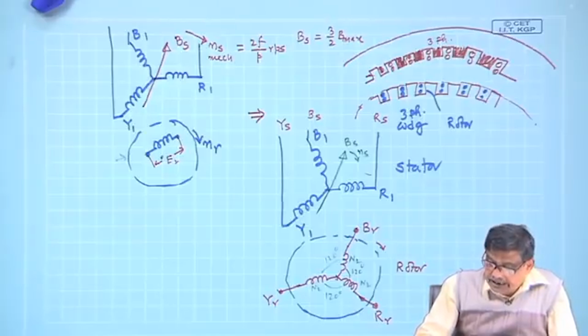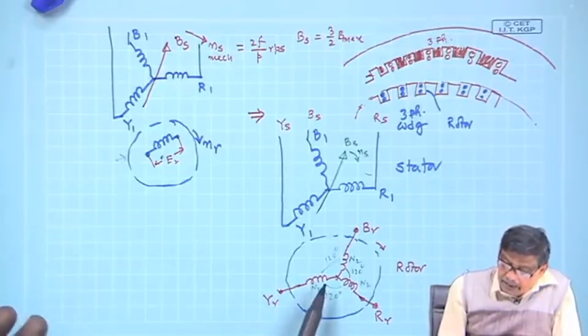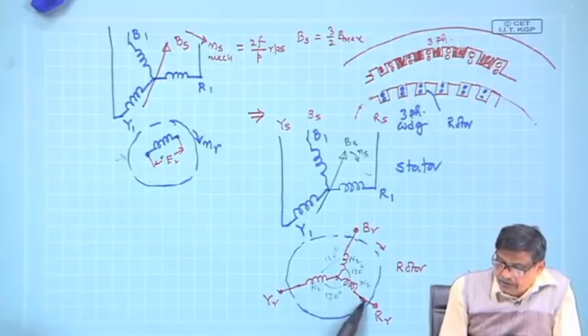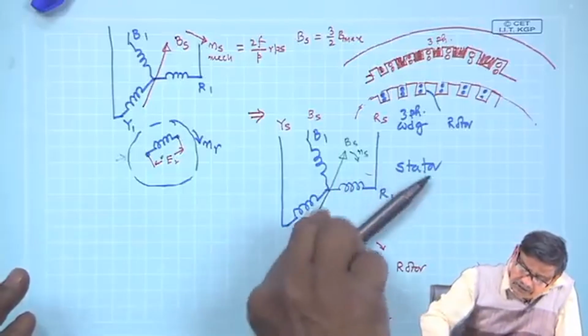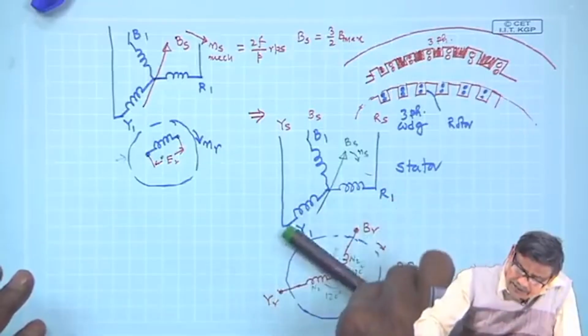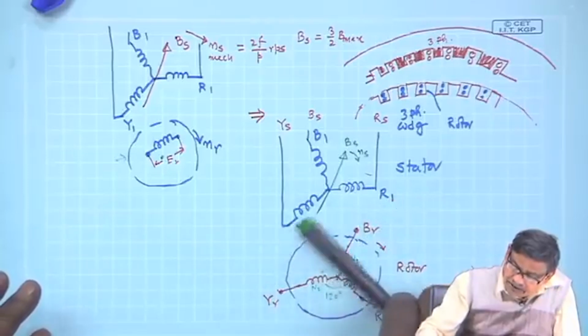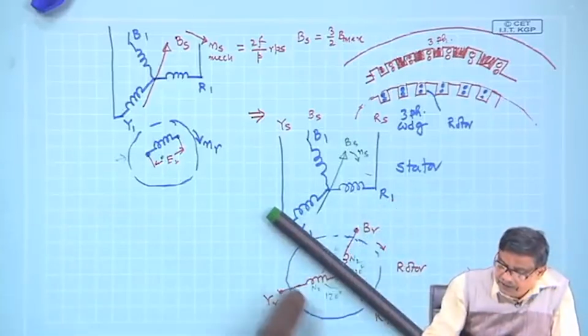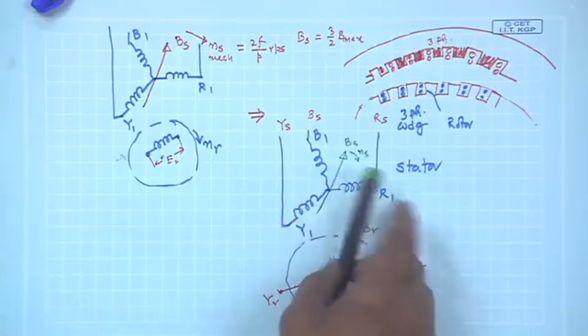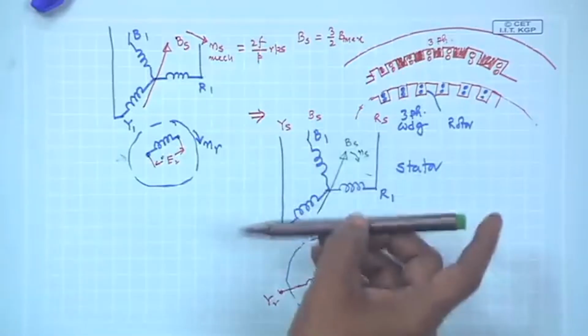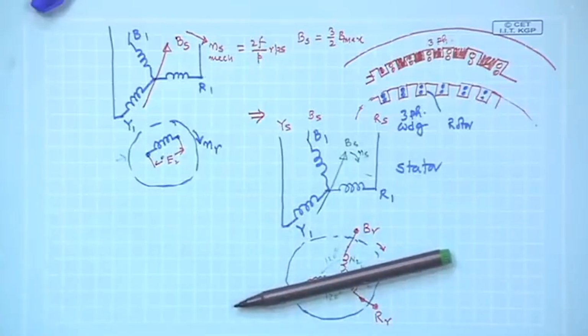Only thing what will change is that whatever is happening now to the R phase coil is going to happen to the Y phase after 120 degree, because maximum flux linkage occurs with R phase when the field is here, and that maximum flux linkage will occur to B phase when this Bs I am showing, it will be here.